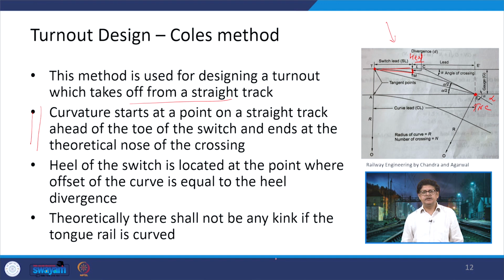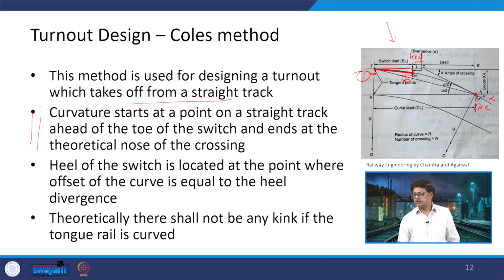Then theoretically there shall not be any kink if the tongue rail is curved, but what happens is the tongue rail may not be curved. So, in this section where the tongue rail is provided, it may be a straight one. So, if it is a straight one, then there are going to be different kinks. Now, what can be the possibilities of the kinks? There is a kink here at this point, or if it is a straight one, then the kink will also come here.